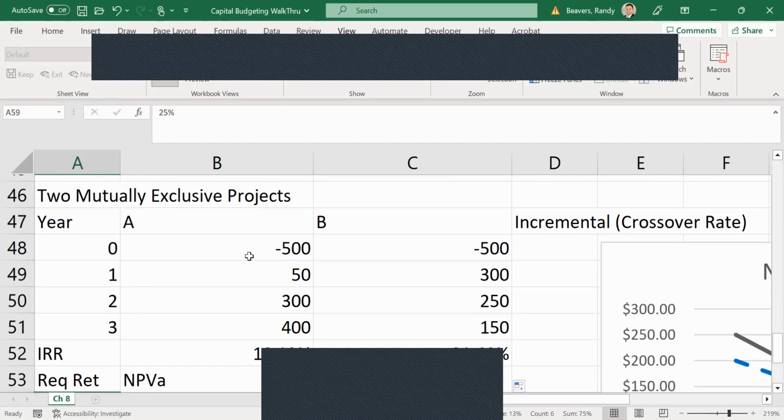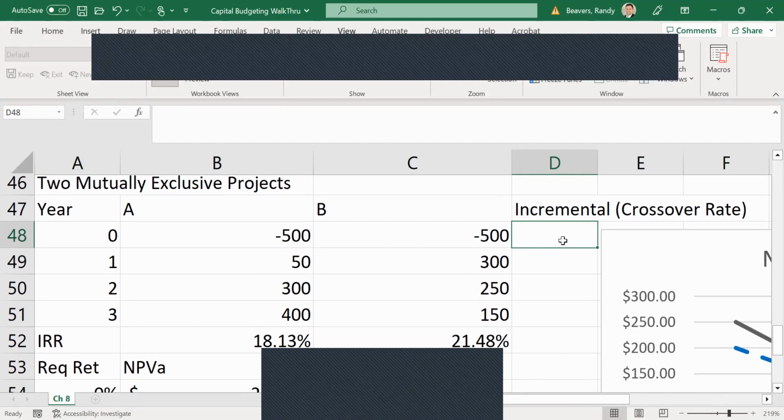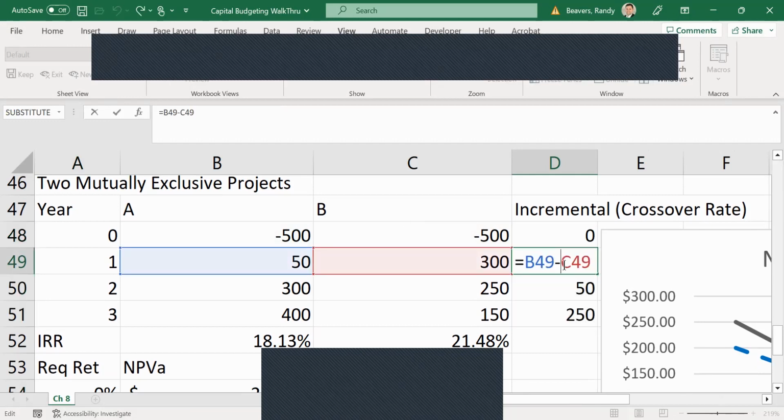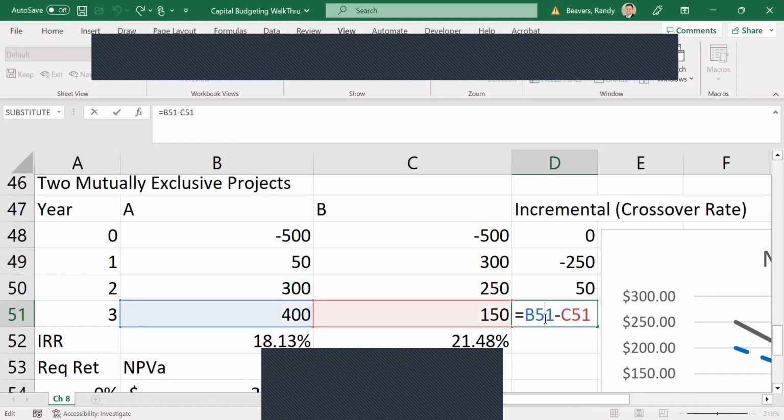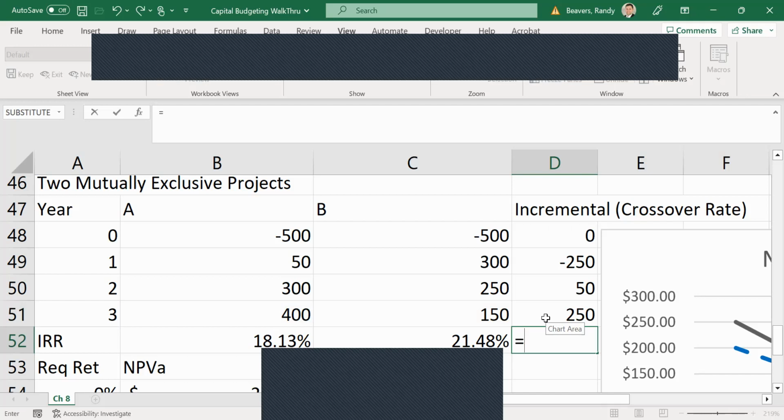If I want to know the rate of intersection, we can take the incremental cash flows and then take the IRR of that. I can drag that across. We could say that is 10.5%.